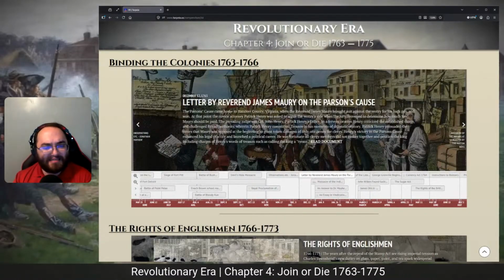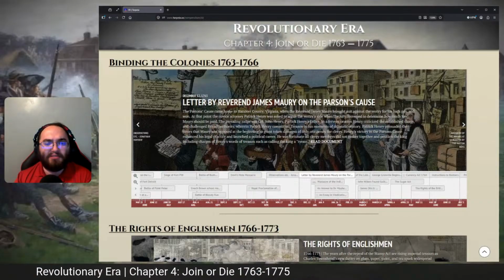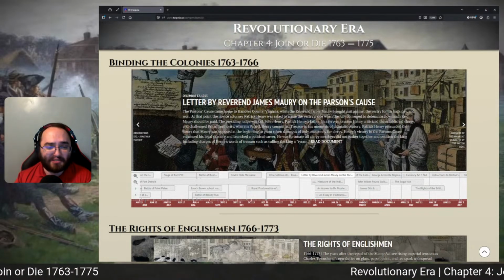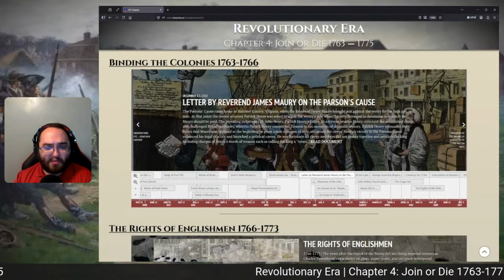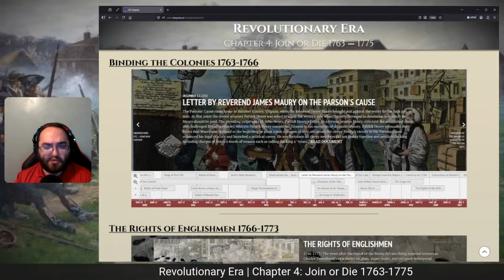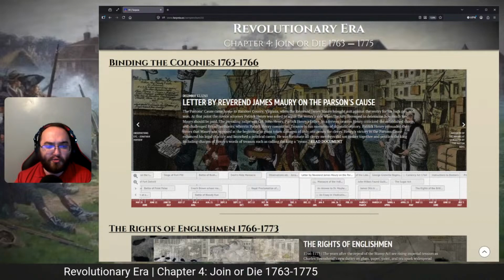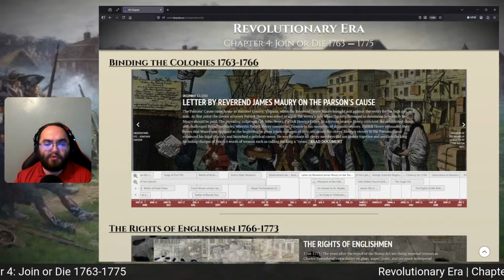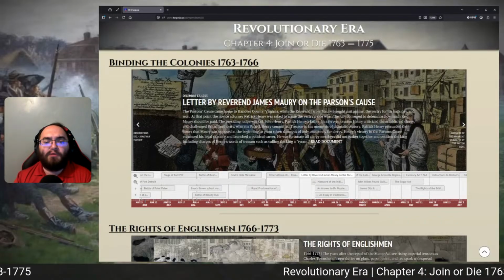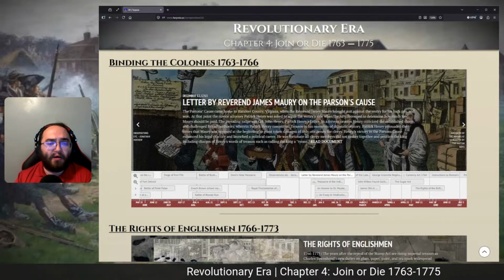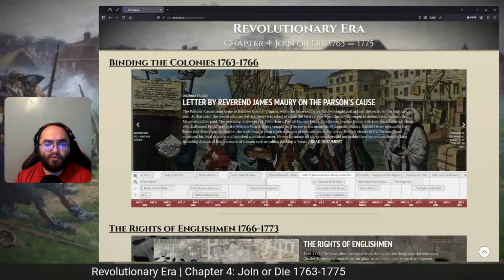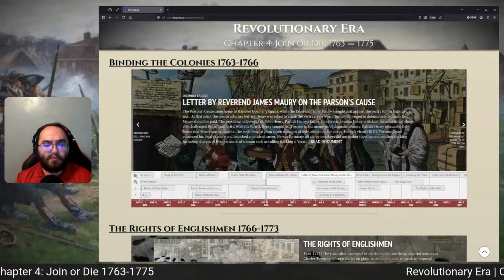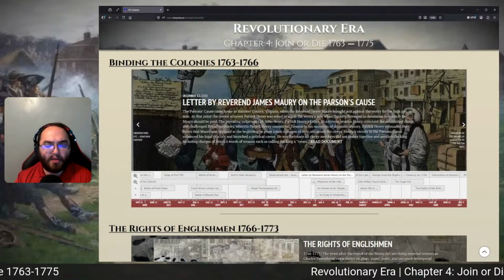Here's an interesting incident that happens, which is the Parsons Cause case. This issue is on the Two Penny Act, which I talked about in the last chapter, which was passed during the French and Indian War. It was a law passed by the House of Burgesses of Virginia to fix the salary of the Anglican pastors.